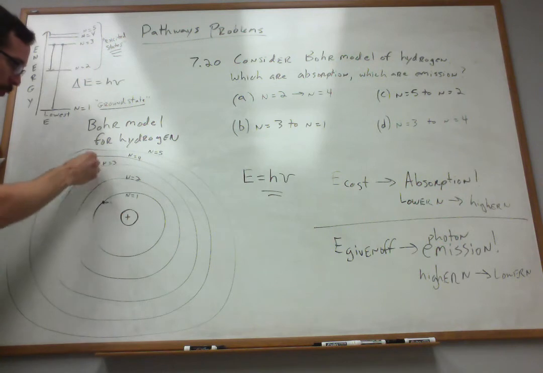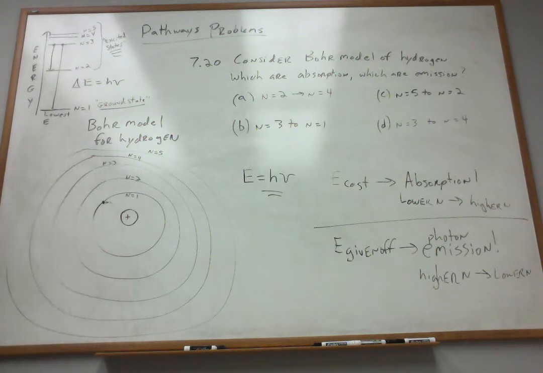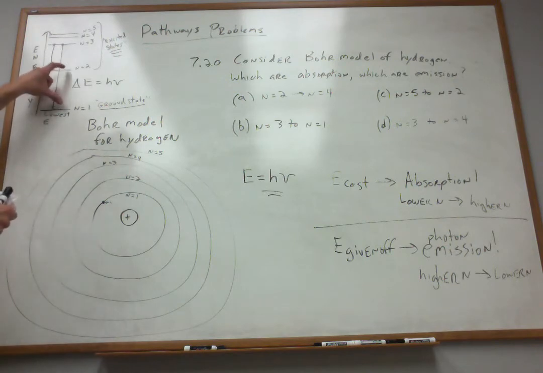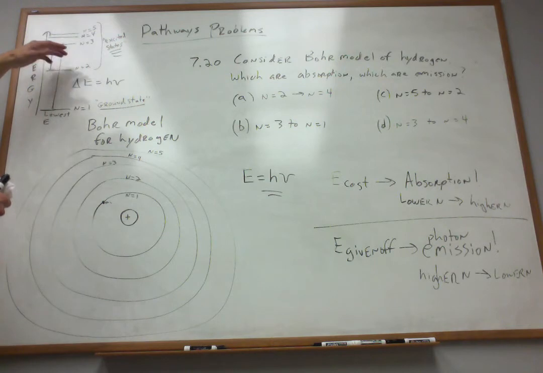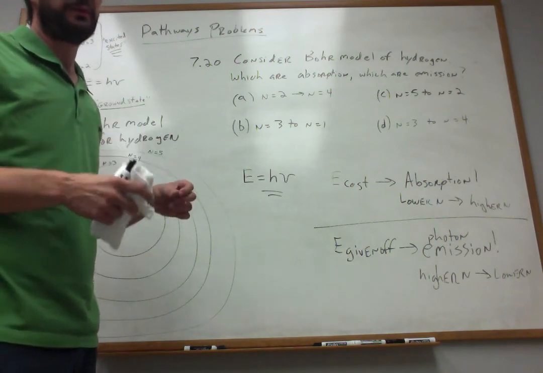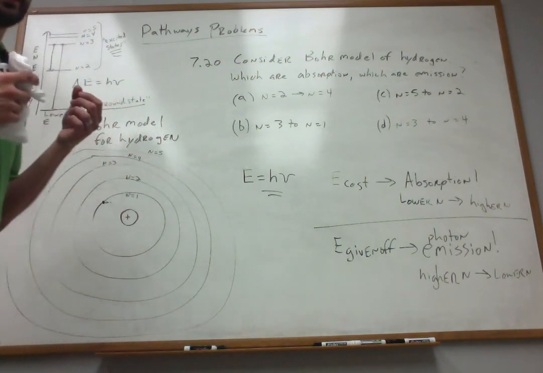The electron's got to be in one of these concentric shells or these orbitals, and they have very specific energy. What that means is that the gap between any two levels, like n equals 2 and n equals 1, or n equals 4 and 3, n equals 3 and 2, the gap between any two levels is extremely, extremely specific or discrete as well.